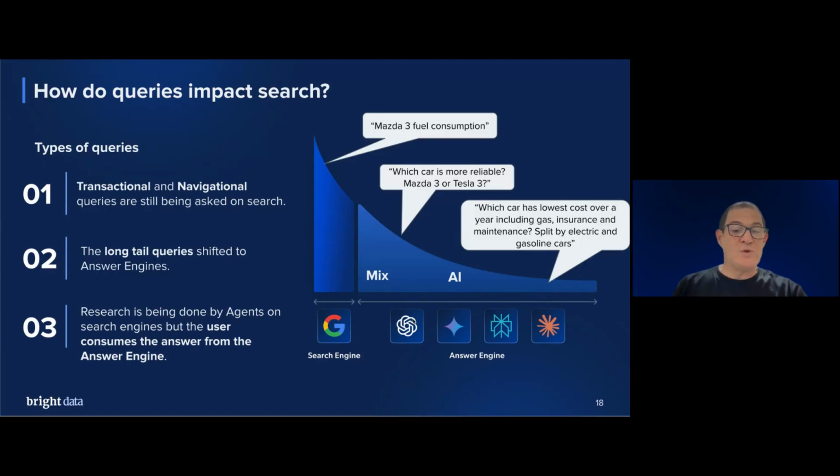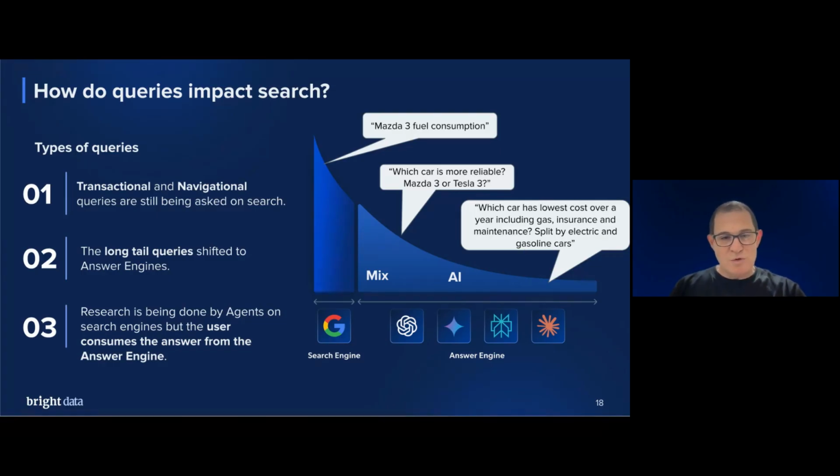Some people will put this into AI answer engines. Some will put it into Google or Bing or any of those, and they are quite likely to get a mix with some AI generated answers here. But if people are really in research mode, and they will be asking things like, which car has the lowest cost over a year, including gas, insurance, and maintenance, split it, electric and gasoline, that's something that most definitely will go into AI answer engines.